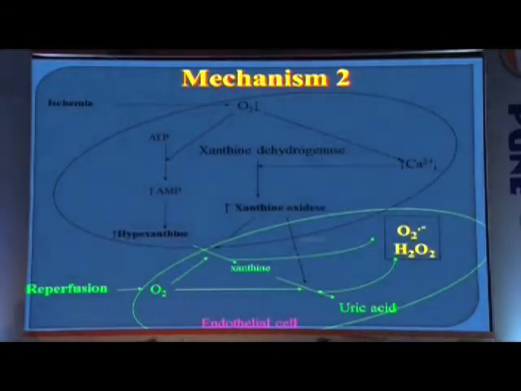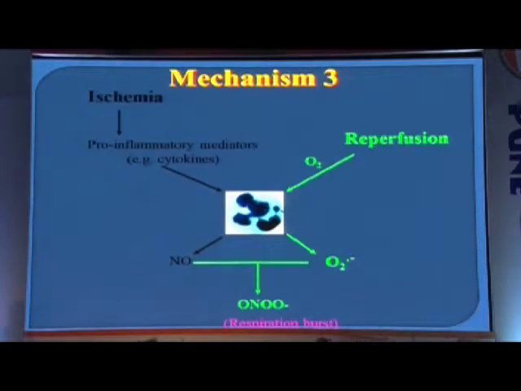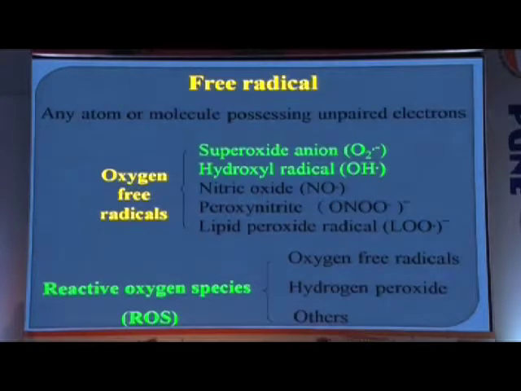This is mechanism 2: during ischemia, usually hypoxanthine is converted to uric acid. Instead of that, because of the oxygenation, the free radicals are released. The third mechanism is that because of ischemia, pro-inflammatory mediators are released, various mediators which can also damage.